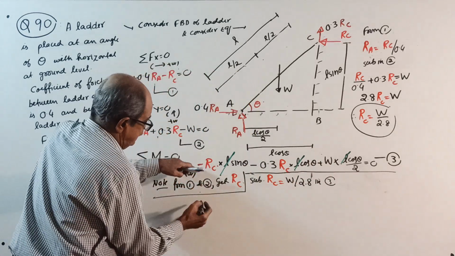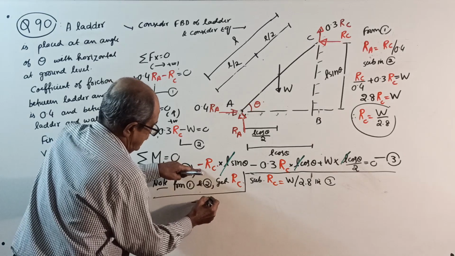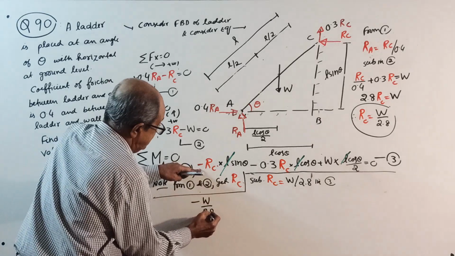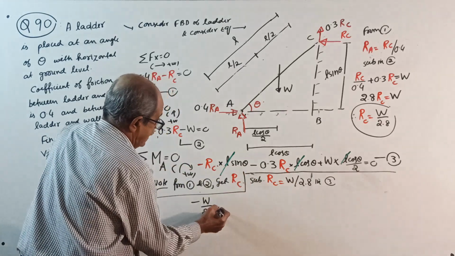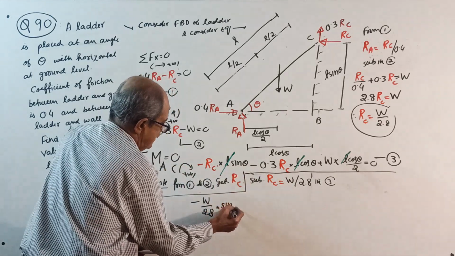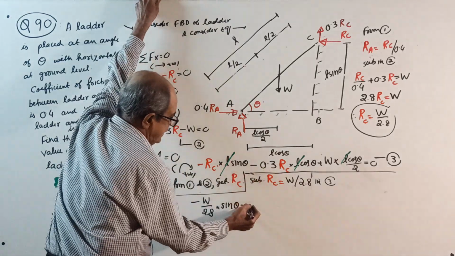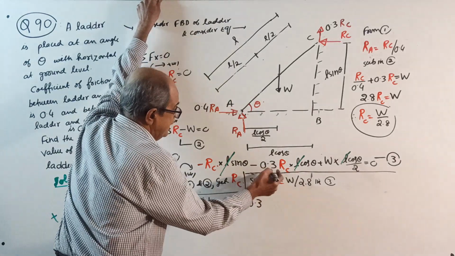Minus RC is minus W by 2.8 into sin theta, minus 0.3 into RC.